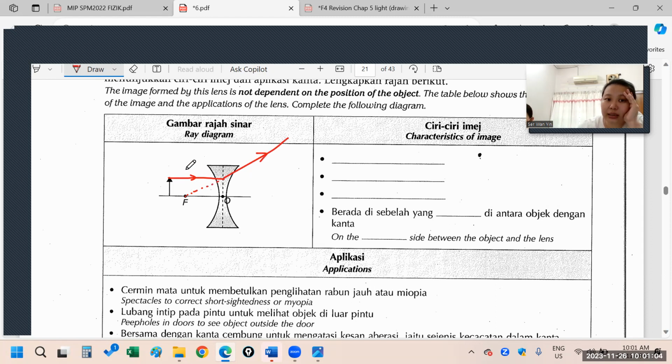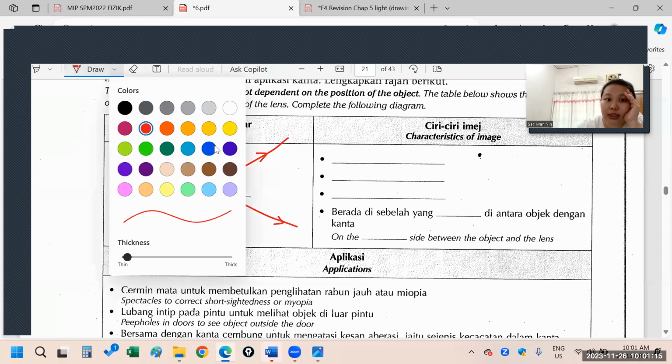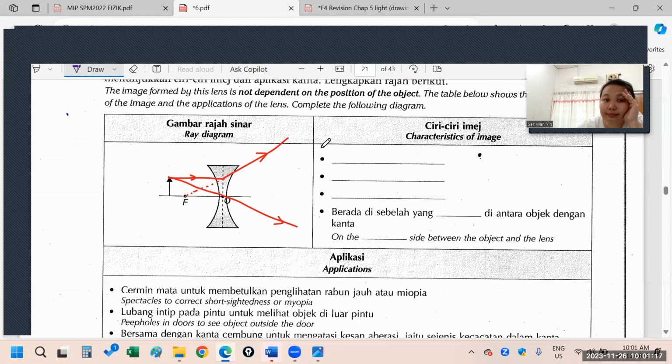Okay, K, this is K, F, and C is the optical center. Okay, then where is the image? Image is the intersection of KFC. So this is object, this is image.